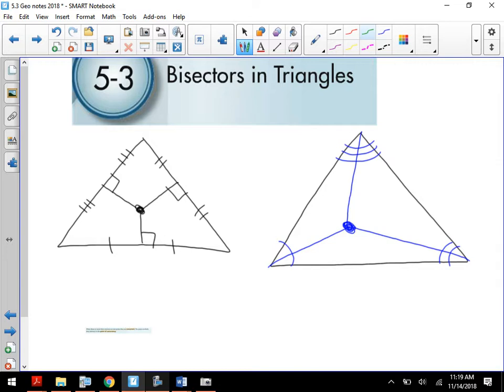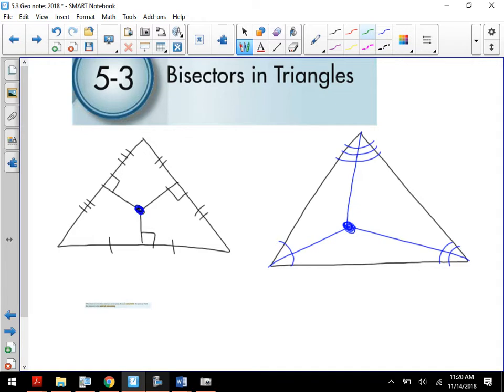So then you also could have, like we were saying, 3 diagonals. So again, you get 3 angle bisectors, you have 3 perpendicular bisectors. But here's the weird part.